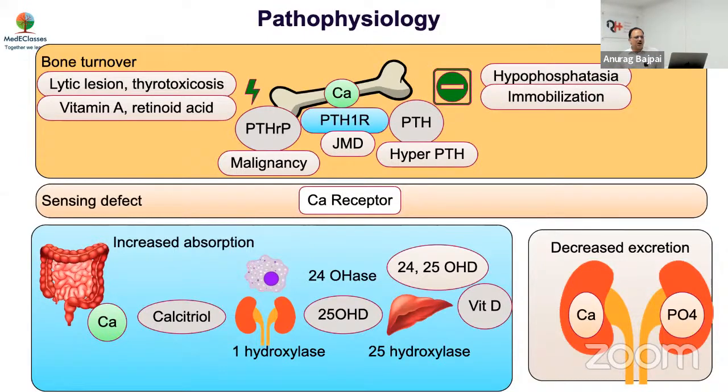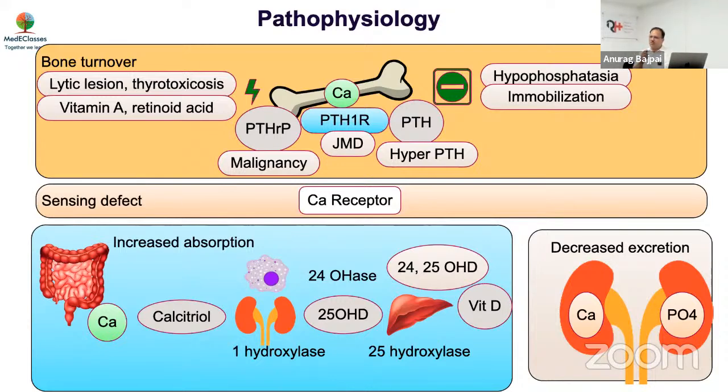You can also have decreased bone formation, decreased bone turnover, in the setting of immobilization, where bone formation is less. You could have hypophosphatasia, where again the resorption will take over as compared to the formation, and therefore you will have more calcium and phosphorus.